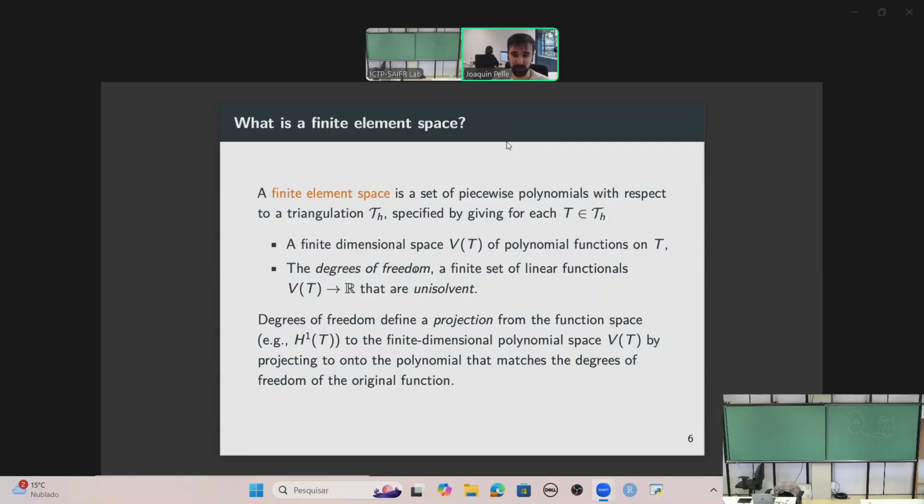So then by demanding that the projection of a function here in this space matches each of the values of this linear functional, then essentially this projection is unique, right? And so it's completely determined. And this is the usefulness that these degrees of freedom have.